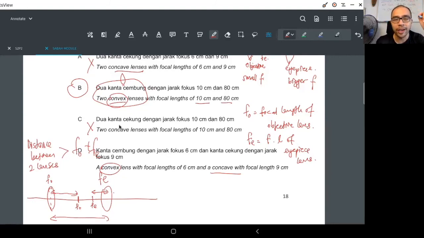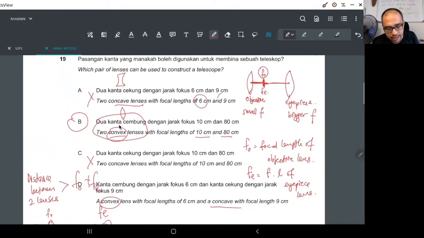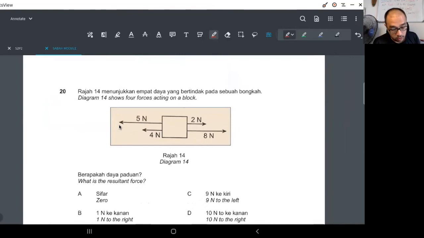We don't use concave lens for this one. So if you look at this question, actually the other options all got nothing right. It's very irrelevant. The most important thing is we need to use two convex lenses. You cannot have one convex, one concave, and definitely not two concave. All right, that's it.